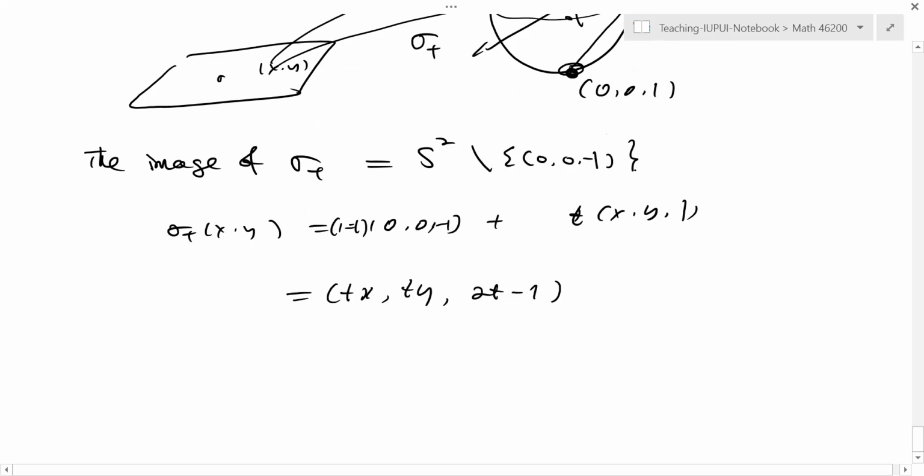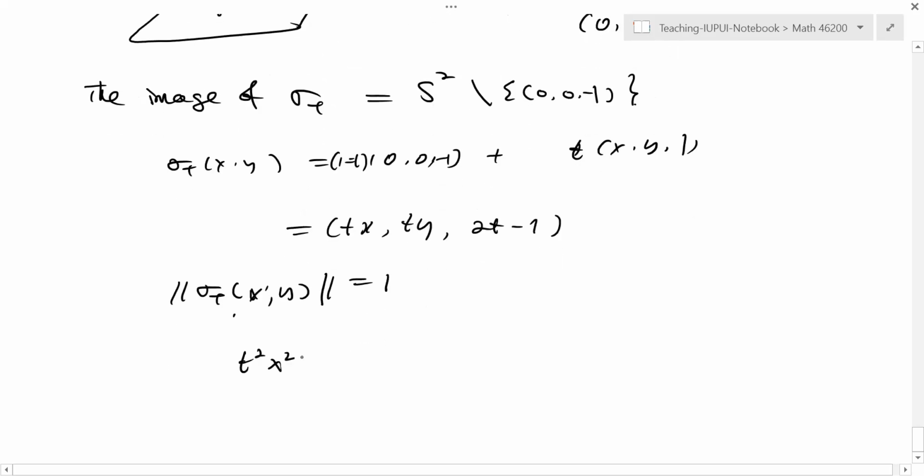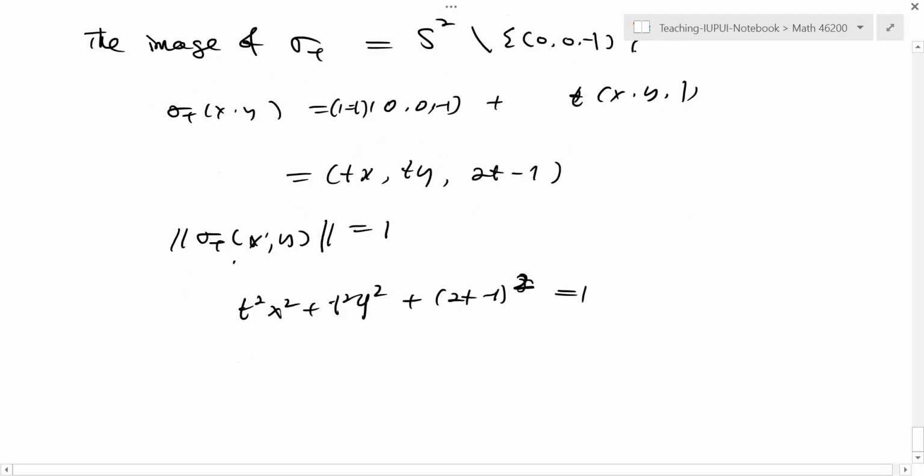Okay, so now it's on the sphere, so the length should be equal to 1. So I get t squared x squared plus t squared y squared plus (2t minus 1) squared equals 1. All right, so let's try to calculate.